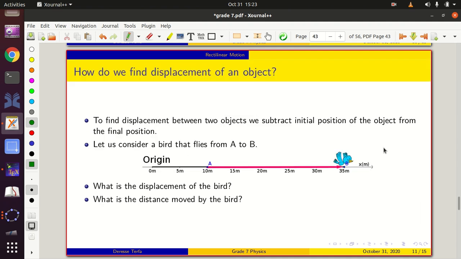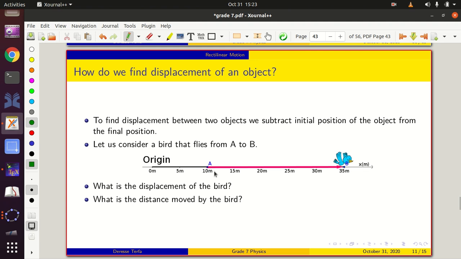How do we find displacement of an object? To find displacement of an object, we subtract the initial position of the object from the final position of the object. Let us see this bird as an example.